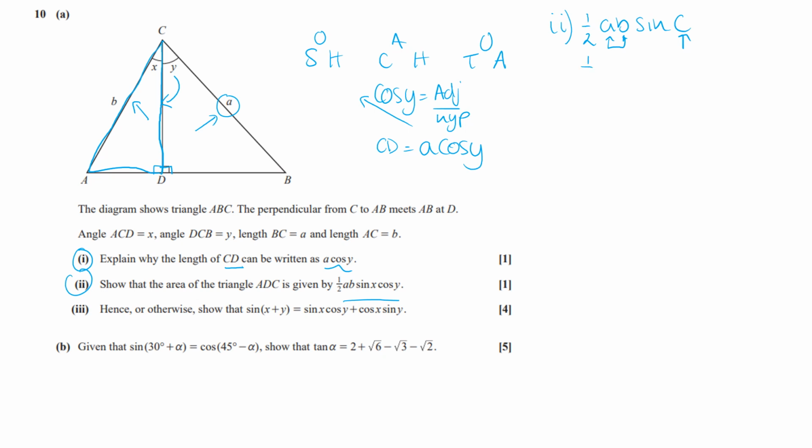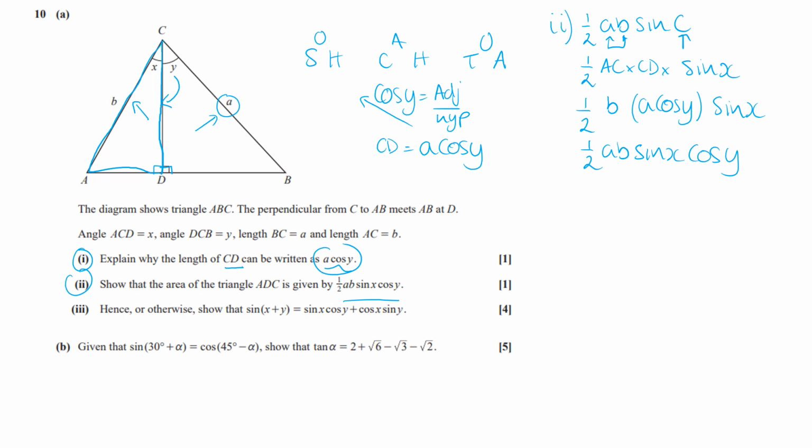So this is going to be half times AC times CD times sine of the angle between them, which is x. So half AC is B, CD is what we've just worked out, A cos y. And then we've got sine x, and putting that all together, that's going to be half AB, and then putting it in the order they've got, sine x cos y.